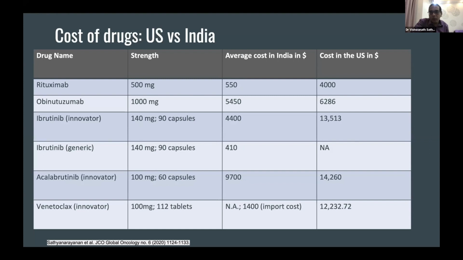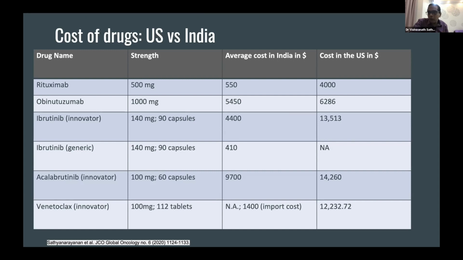Similarly, obinutuzumab, 1,000 milligrams, costs around $5,450 without the patient assistance program, and the cost in the US for a 1,000 milligram vial is around $6,200. For ibrutinib, the innovator brand is around $4,400, and the cost becomes half with the patient assistance program. It's around 3 times higher in the United States.